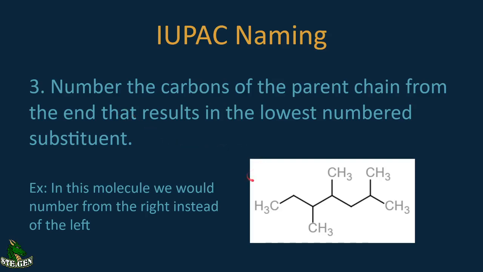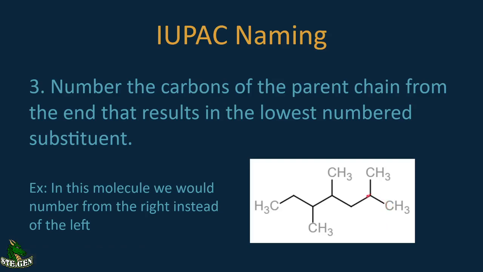So for example, looking at this, you might go, well, we can number it 1, 2, 3, 4, 5, 6, 7. But if we numbered it from the right instead, here we would have 1, 2, 3. The third carbon is where we would have our first position or our first substituent. But on this side, on position 1, 2. On position 2, we would have our first substituent. So we would actually number this from the right.